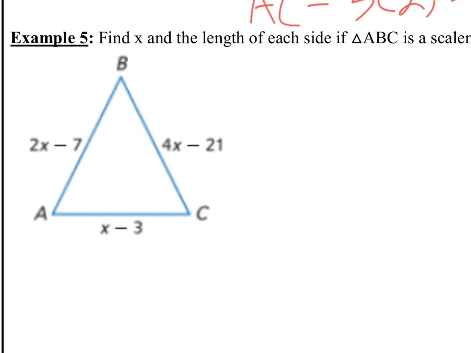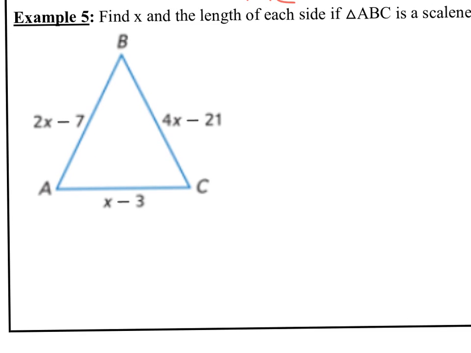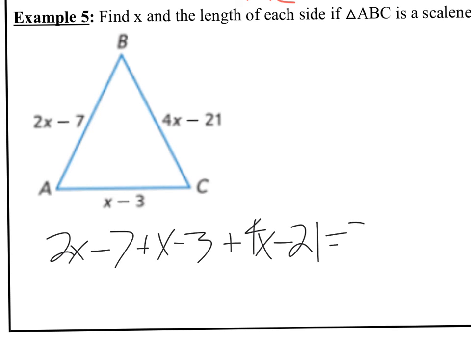So that means add all these together and equal it to 32. So 2x minus 7 plus x minus 3 plus 4x minus 21 equals 32. So add all your like terms together. We have 2x plus x, that's 3x, plus 4x, that's 7x.